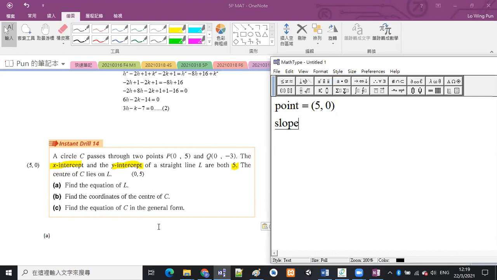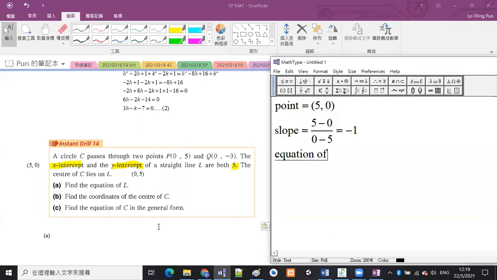And then the slope is not given, but now we have the coordinates of 2 points. So we can use the slope formula to calculate the slope of the straight line. That is y2 minus y1 over x2 minus x1, and then it should be equal to -1.